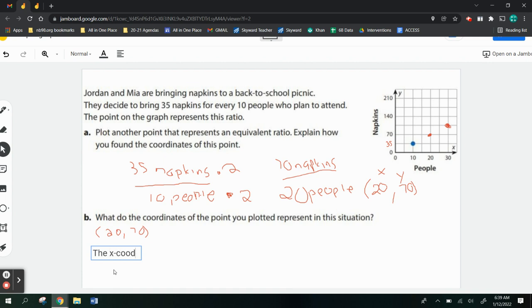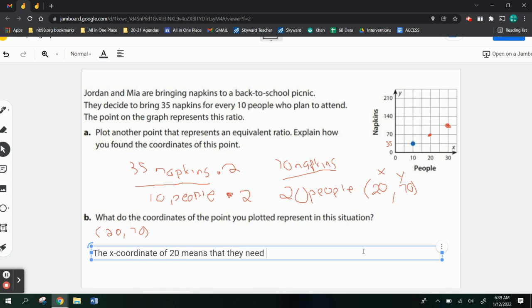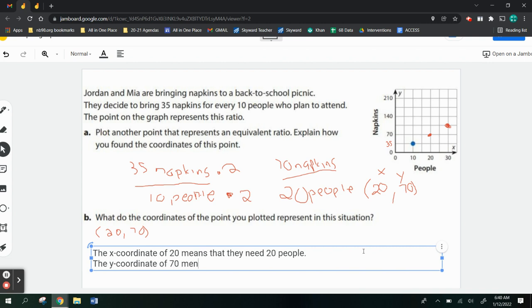The x coordinate, 20, means that they need 20 people. The y coordinate of 70 means that they need 70 napkins.